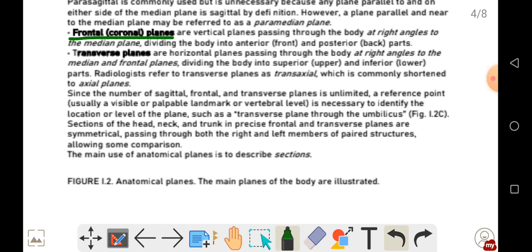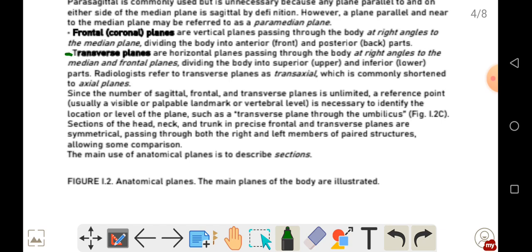They are vertical planes passing through the body at right angles to the median plane, dividing the body into anterior, which is front, like I've mentioned earlier, and posterior, which is back. These are the front and back parts of the body. We'll look at them properly in the diagram.